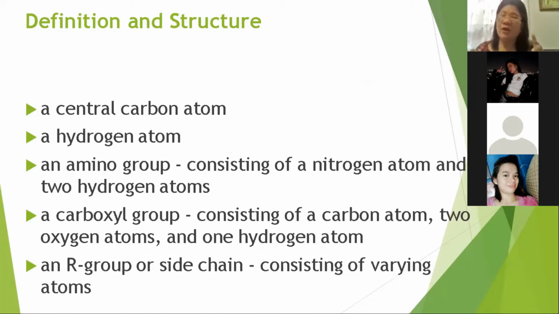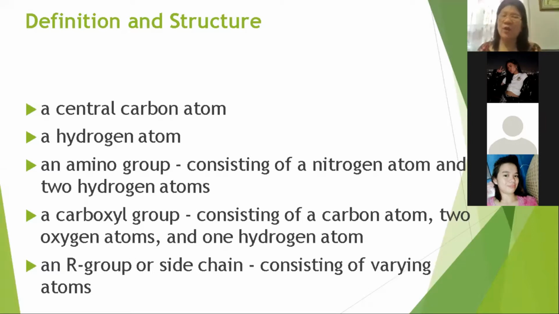The central atom is the carbon, and a hydrogen atom, C then H. Amino acid contains, that is why it is called amino: if you talk about amino, what comes to mind is a nitrogen atom. Acid, can you still remember your organic chemistry? If you talk about acid, what is its functional group? That is C double bond O, then OH, COOH.